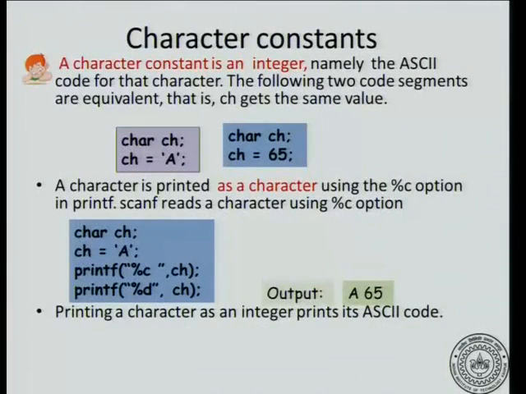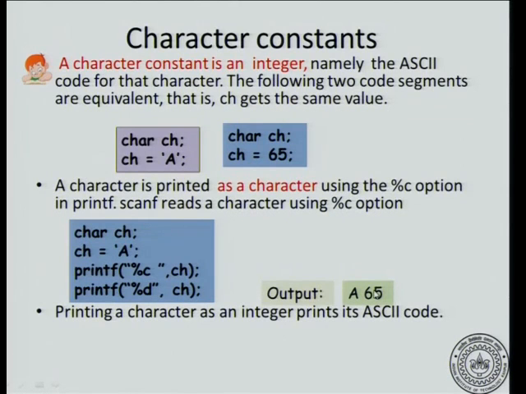This means that the same character can also be interpreted as an integer if you really want to think of it in that way. For example, I can say printf with %c for ch, and the first printf will print A. But I could also take a character variable and ask C to print it as an integer using %d.